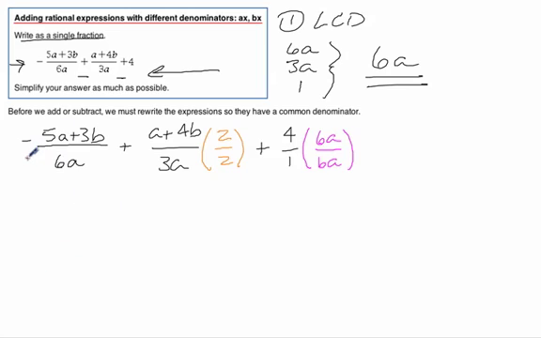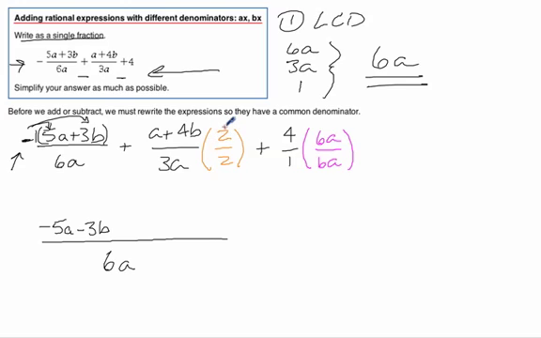Now we have to be careful of this sign. That's actually going to be the negative of this whole term. So if we write this whole thing now over our common denominator of 6a, then we have to distribute this secret invisible 1 here. And we have a negative 5a minus 3b.